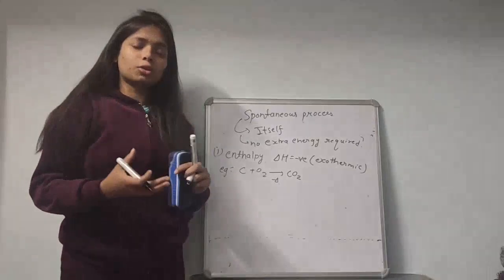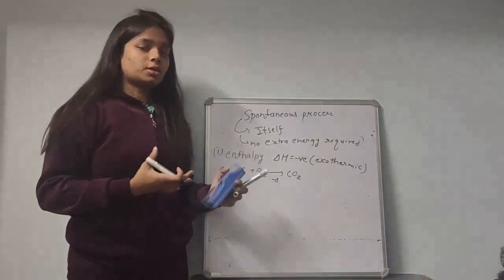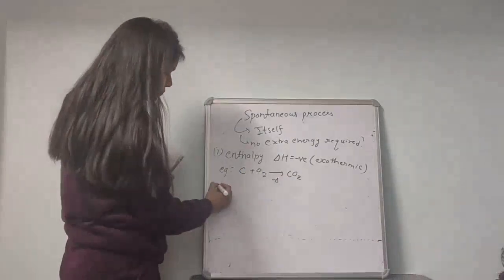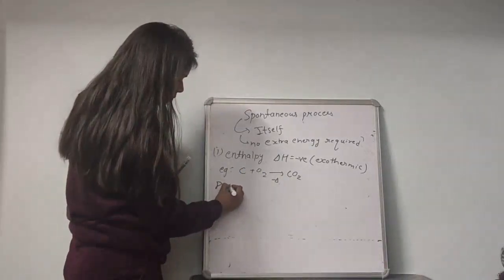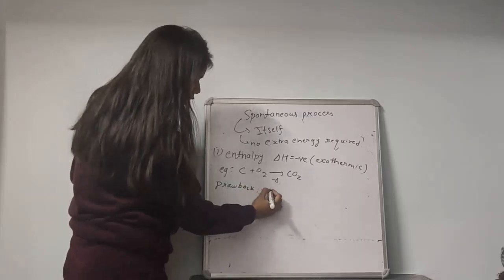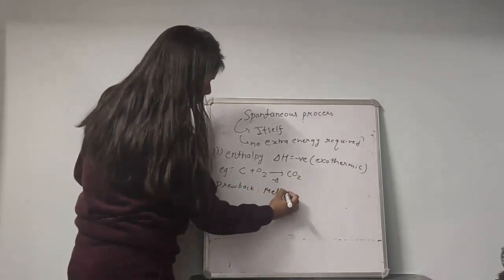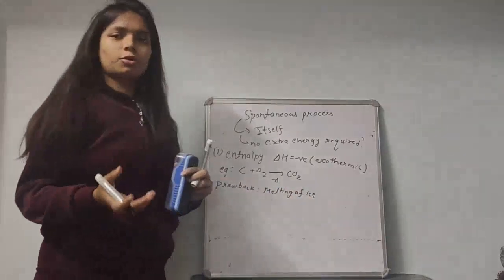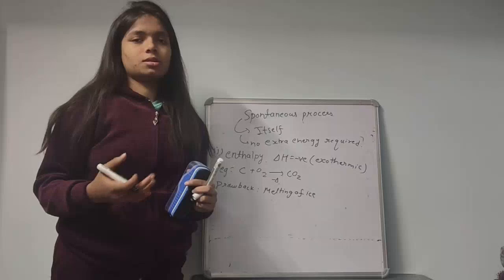But there are certain drawbacks also: reactions which are not exothermic but are still spontaneous, like melting of ice. Have you seen that melting of ice is a spontaneous process?